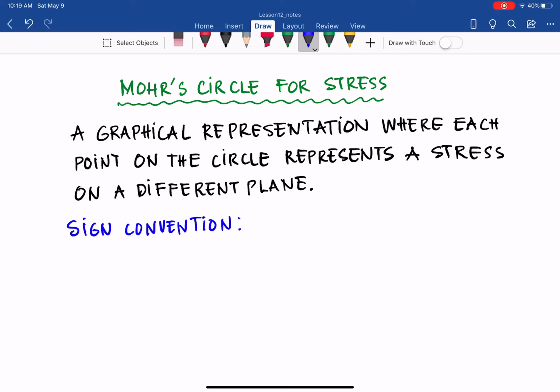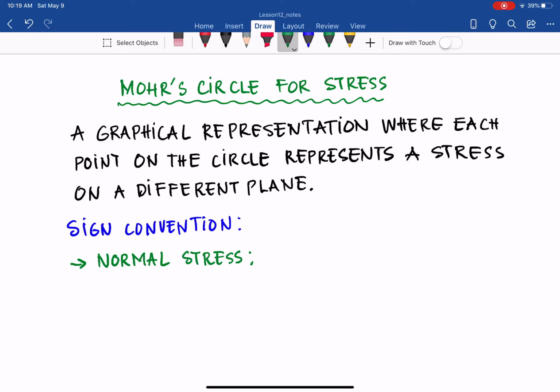In terms of stress, we have the normal stress and we have the shear stress. For the normal stress, the sign convention for the Mohr circle is exactly the same as the analytical method with the equation we discussed above.